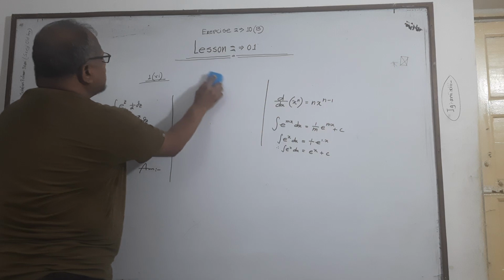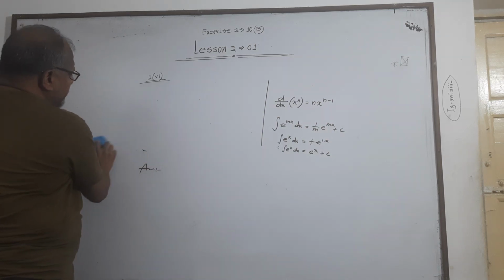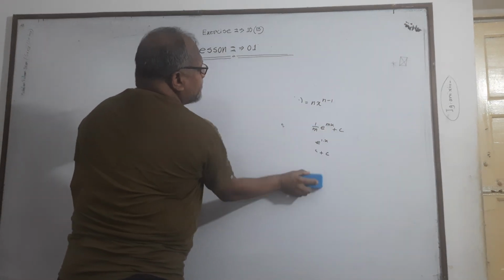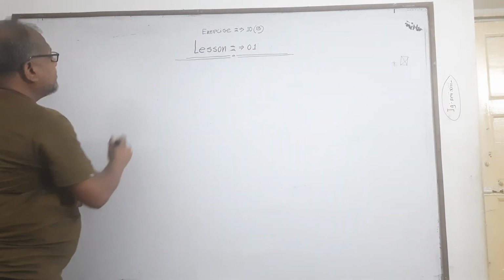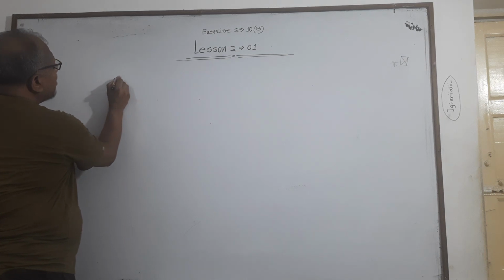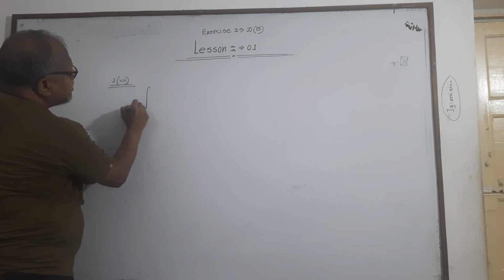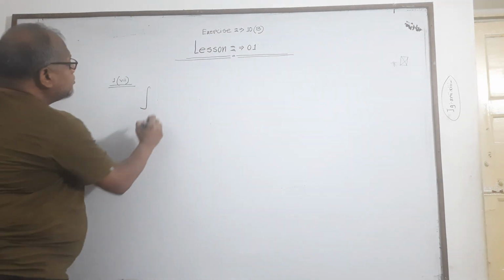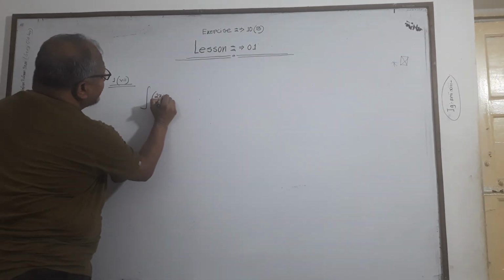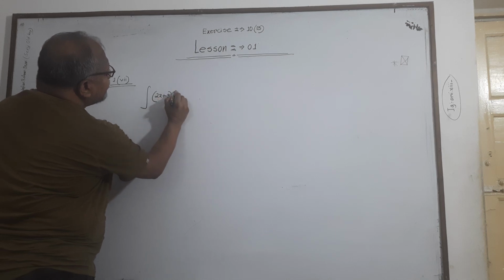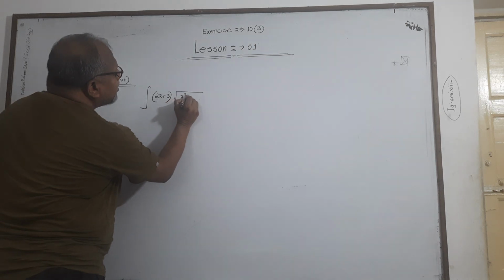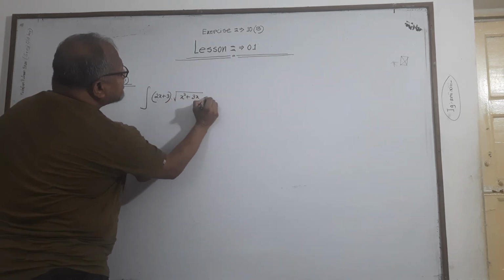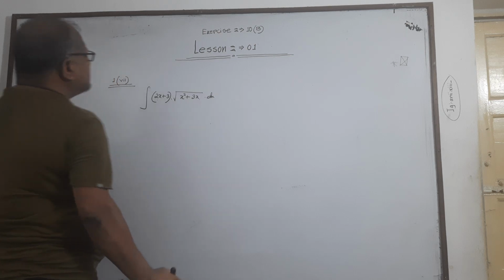I'm going to start number 1 of 7: integration of (2x plus 3) into root over x square plus 3x, into dx.